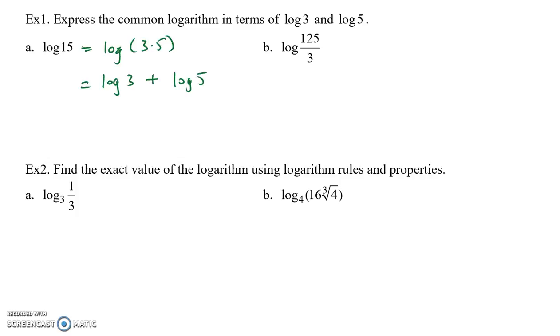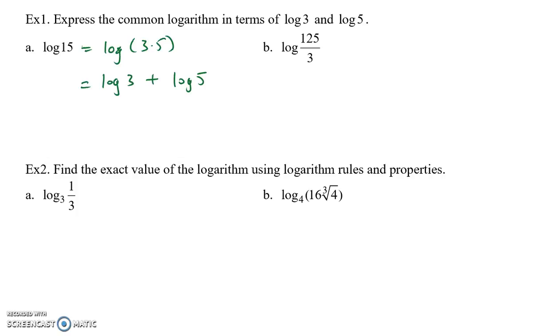So notice that the product turns into a sum. The logarithm of a product becomes a sum of logarithms. And that's as much as we're going to do. Just rewriting log of 15 as the sum of log 3 and log 5. That's an application of the product rule of logarithms.